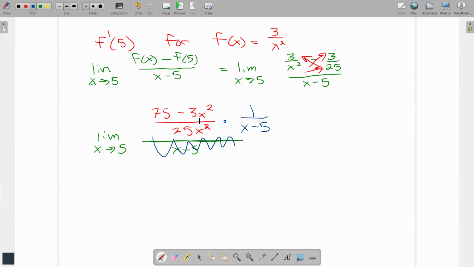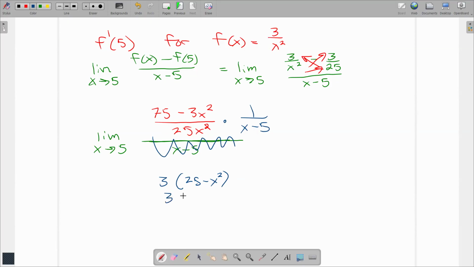This 75 minus 3x squared factors. Okay, so off to the side, I'll just write it down here. What can I factor out of 75 minus 3x squared? A 3. So that's going to give me 3 times 25 minus x squared. Does 25 minus x squared factor? That's a difference of 2 squares.